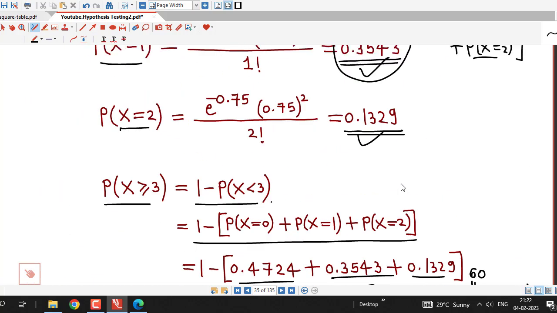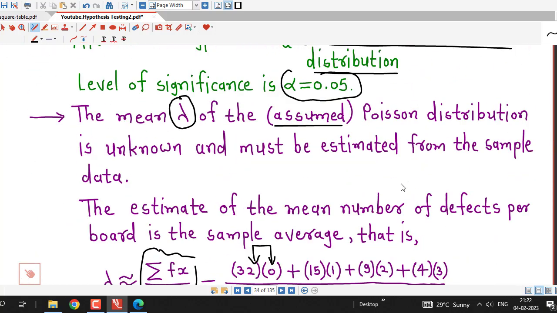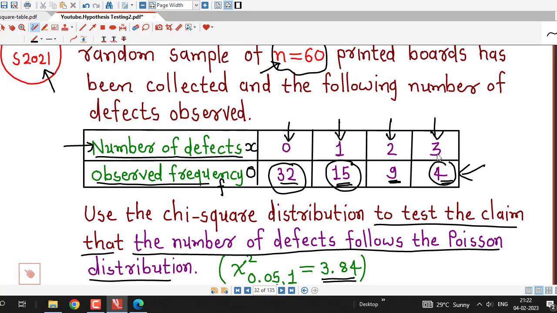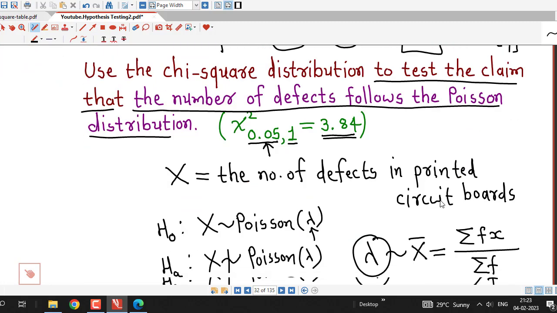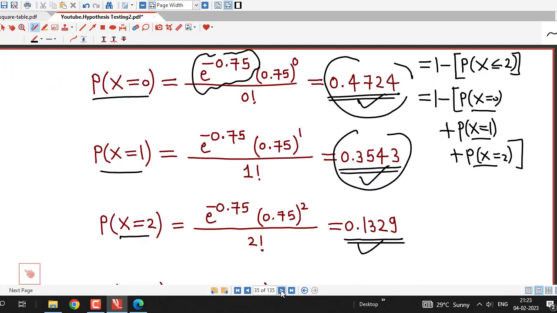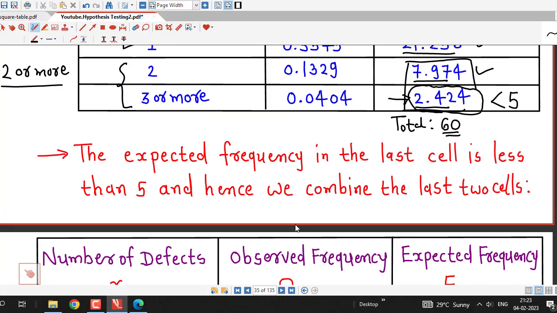Similarly, I have to combine the last two categories in the given observed frequencies also. These 2 and 3 will be combined as 2 or more, and the corresponding frequency I will write as 13, the addition of these two. That I have written in the next table after that table.